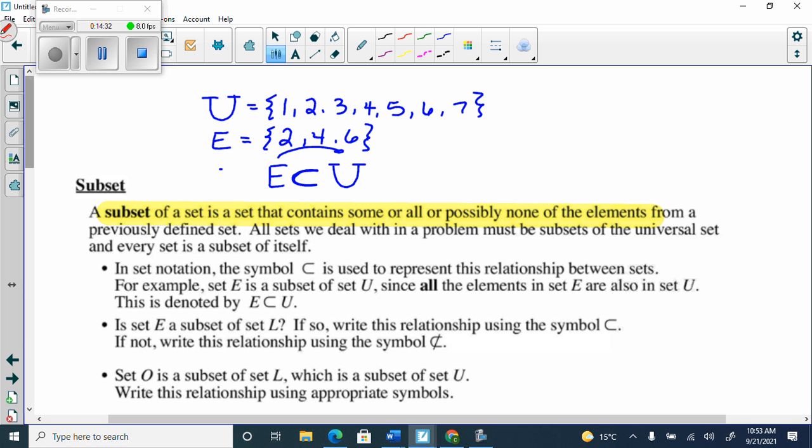Now, can I say the universal set is a subset of E? Is everything in the universal set in E? Nope. 1 isn't in E, 3 isn't in E, 5 isn't in E, 7 isn't in E. So in order for something to be a subset, everything in it has to be contained in the other set. So for example, Amelia is a subset of the people in this class, correct?